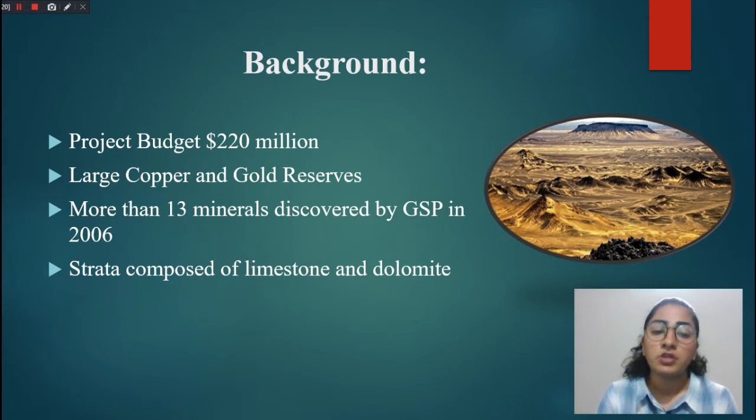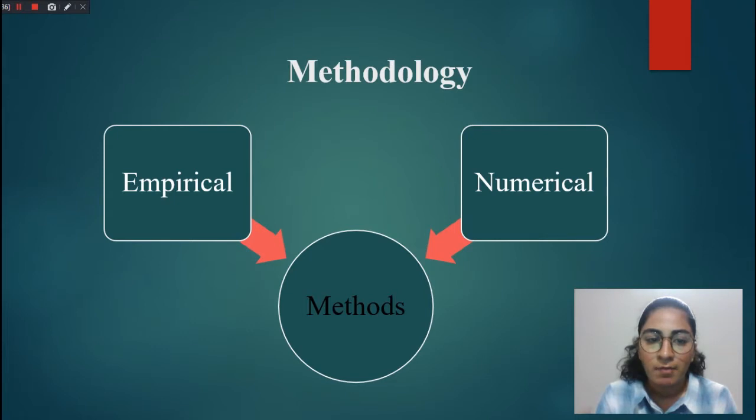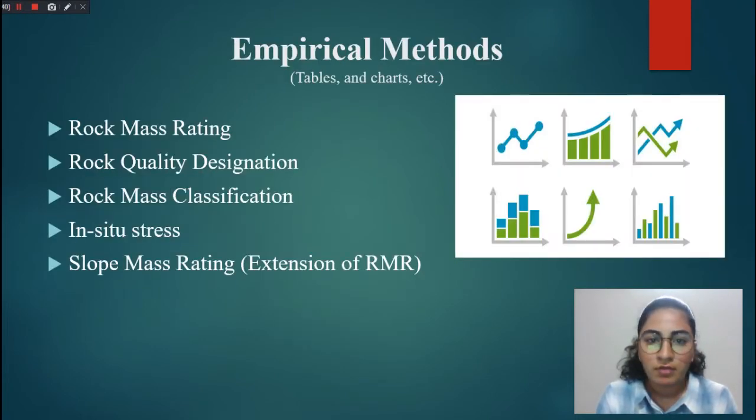For our project, the strata was mainly composed of limestone and dolomite, and we had to check the stability of these rock masses. For this, we incorporated two methods, empirical and numerical. For empirical methods, we mainly use tables and charts to get the values for rock mass rating, RQD, rock mass classification, in situ stresses, and slope mass rating for limestone and dolomite.